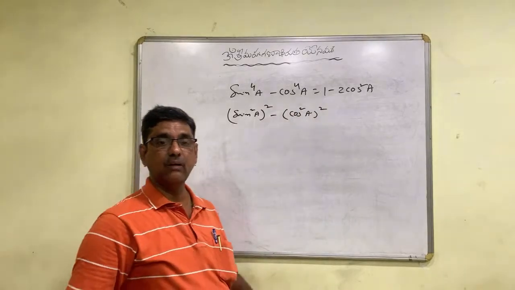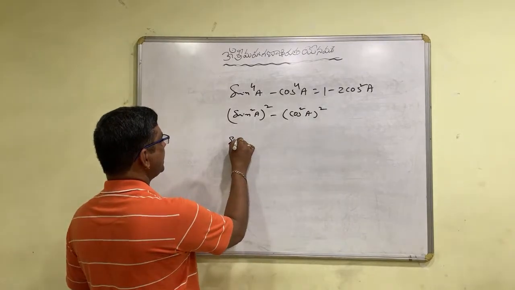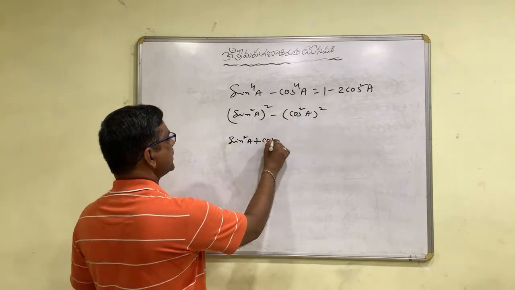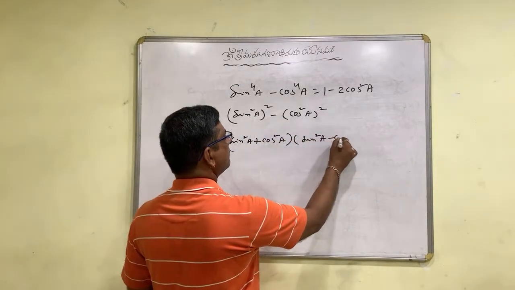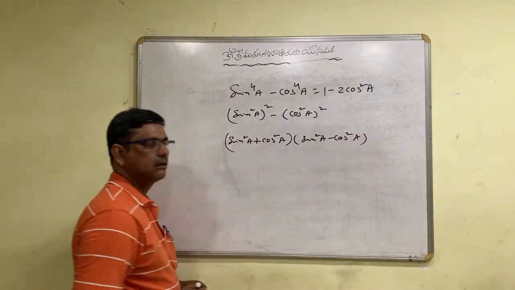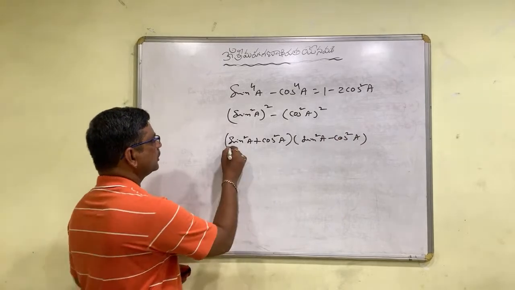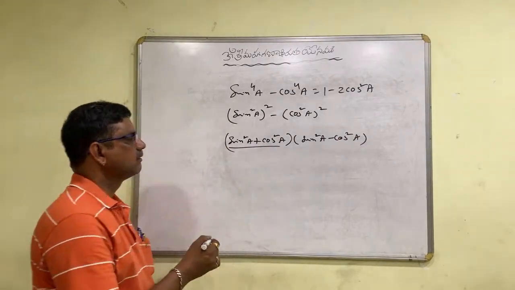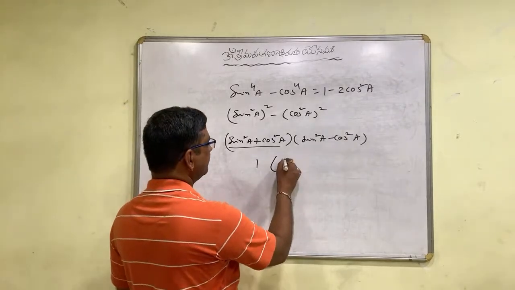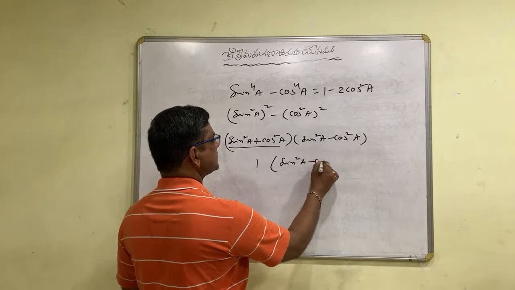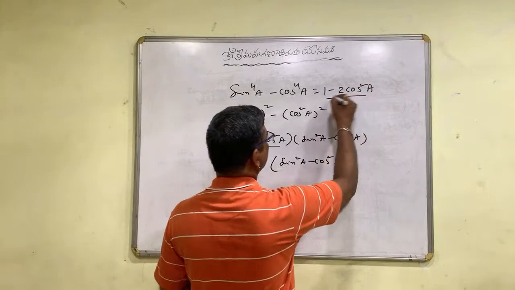Now the problem is converted into A square minus B square form. So A plus B into A minus B. And we know this is 1. Very good. And this one is sin square A minus cos square A.